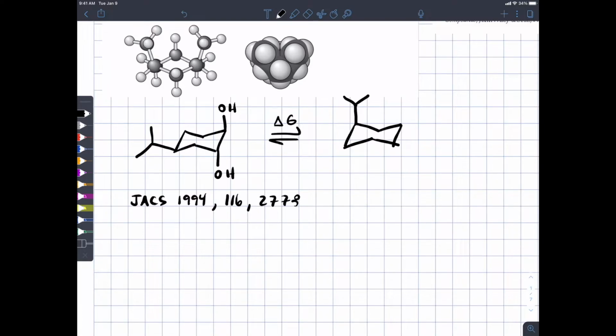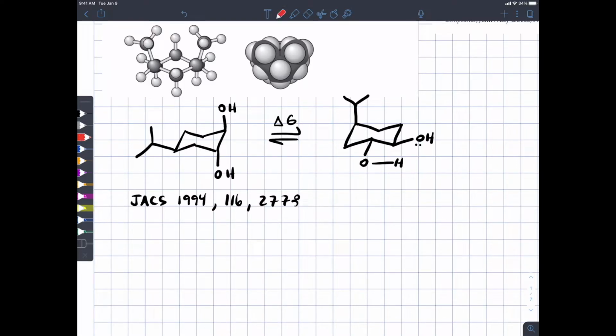The interesting thing is, though, that when the isopropyl group is axial, those trans hydroxyls stay trans, but they become equatorial, and that brings them close enough to each other to potentially hydrogen bond.